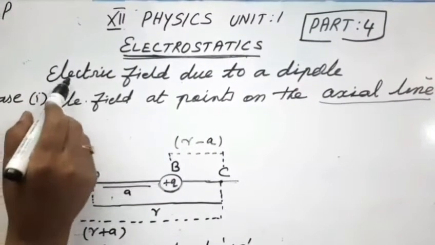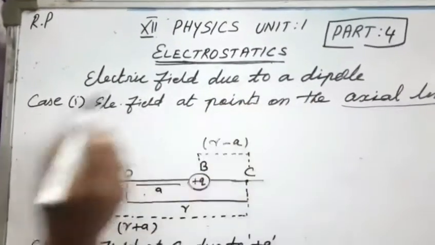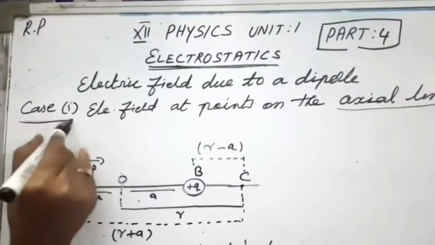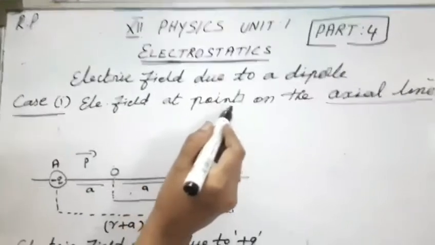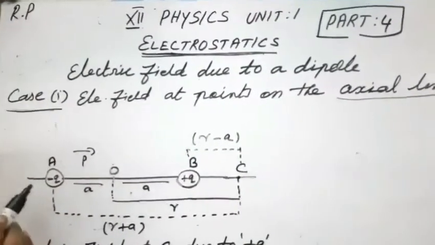Next topic is electric field due to a dipole. Case 1: electric field due to an electric dipole at points on the axial line. Let us take the axial line.